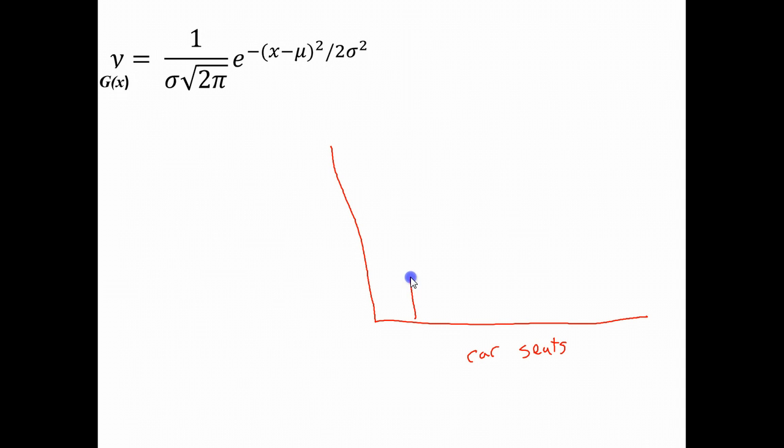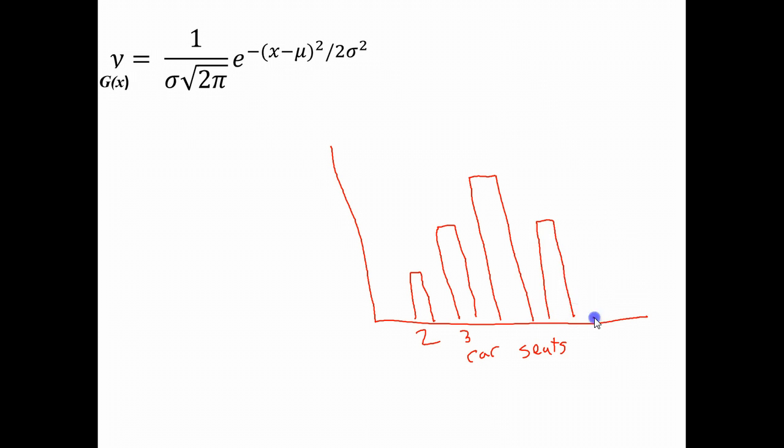You find a bunch of cars that have 2 seats, a bunch of cars that have 3 seats, etc. You get generally this bell-shaped looking distribution here. And this is what we could call the histogram.